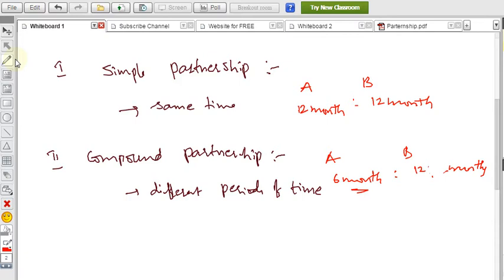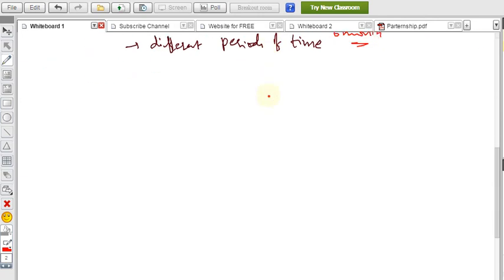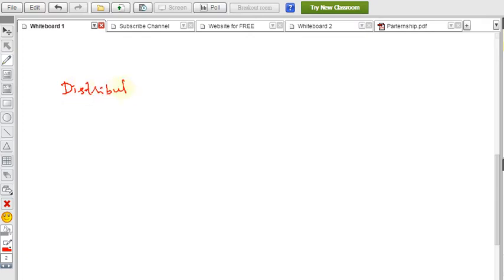Next, how the profit is distributed. Distribution of profit also depends on the type of partnership. There are also two types of distribution of profit, according to their investments.